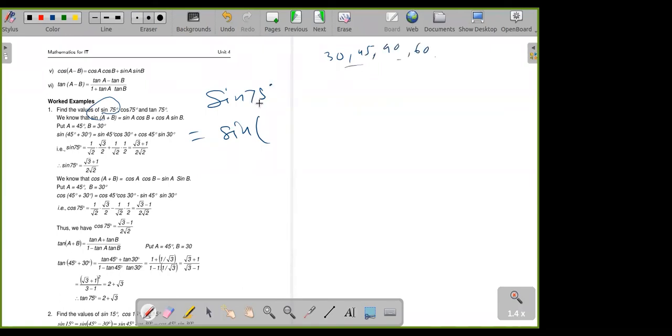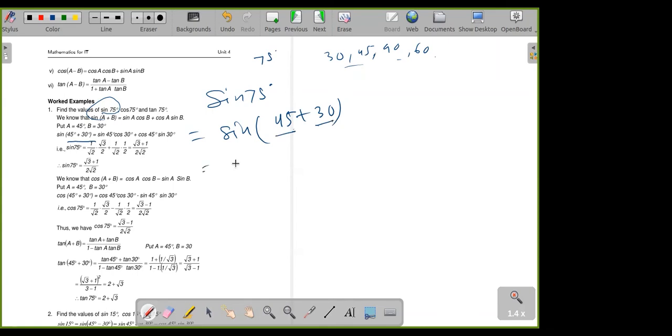How is it possible? I can cheat here: 75 is 45 plus 30. That means 75 degrees. We know these individual angles, so we can solve it.